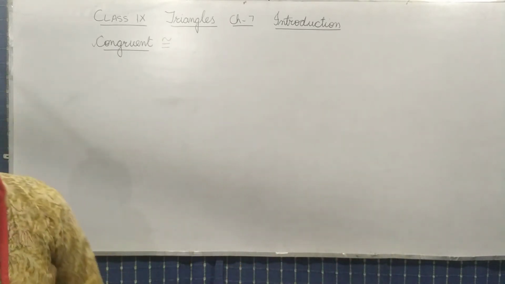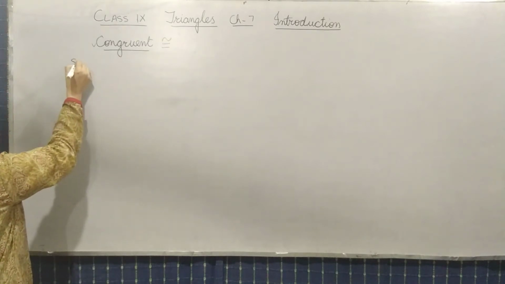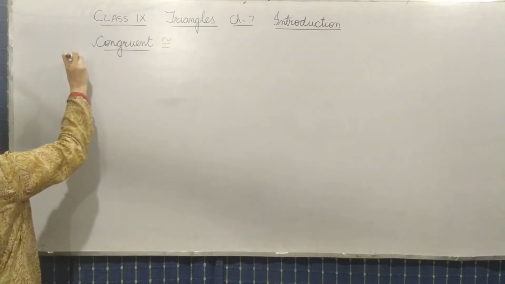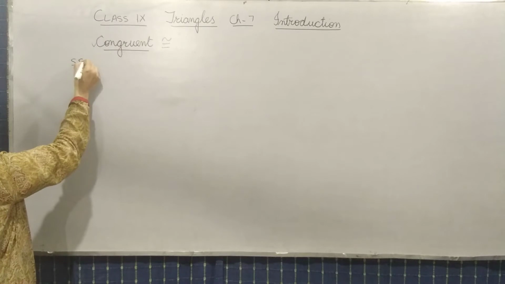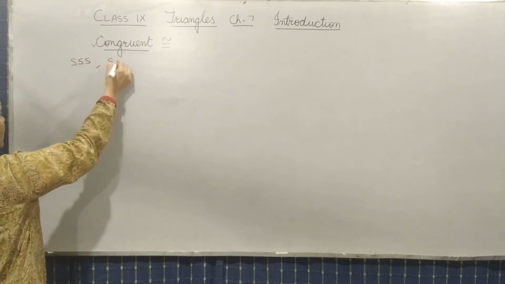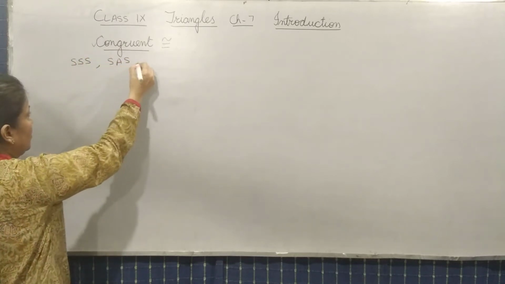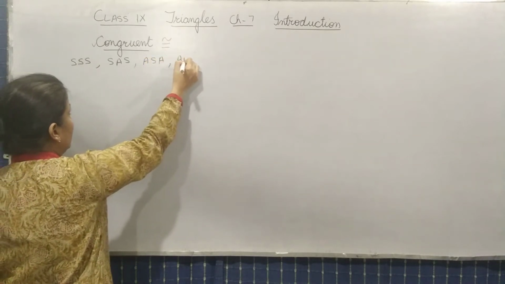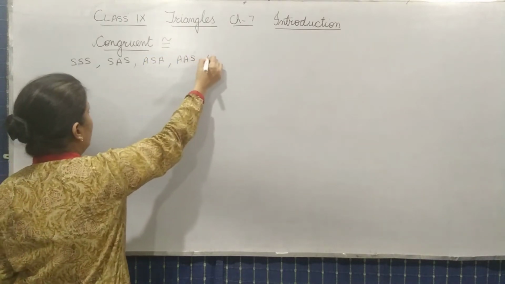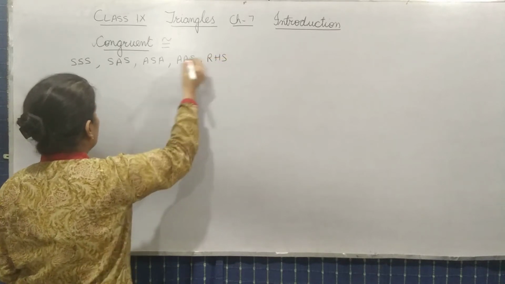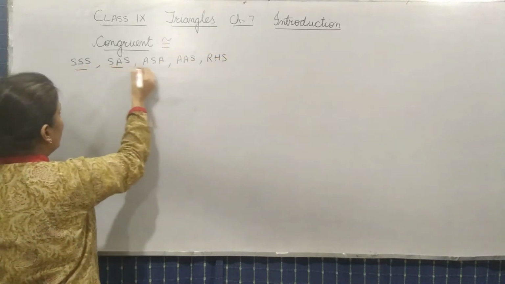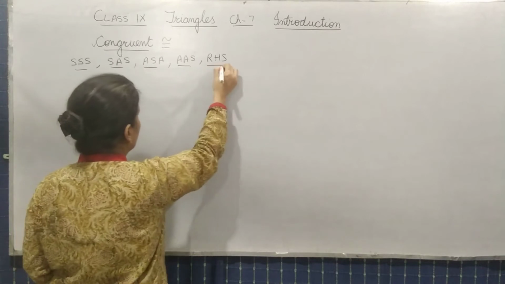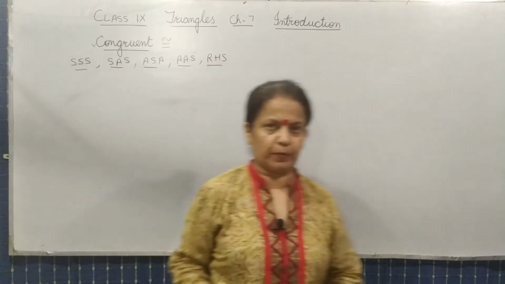One is SSS, then SAS, then ASA, AAS and RHS. These are the 5 congruency criteria which we will talk about in this chapter.